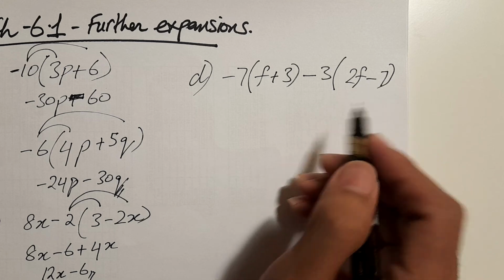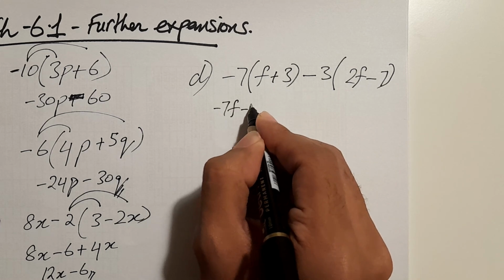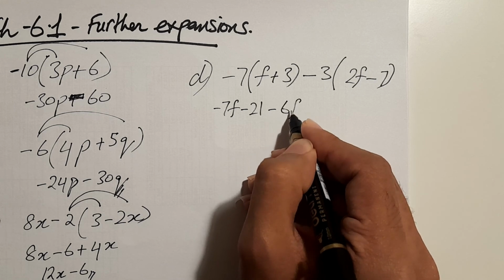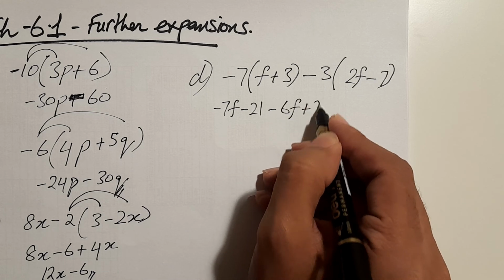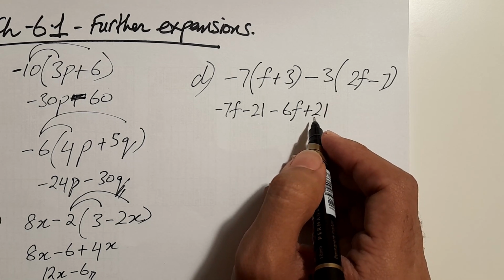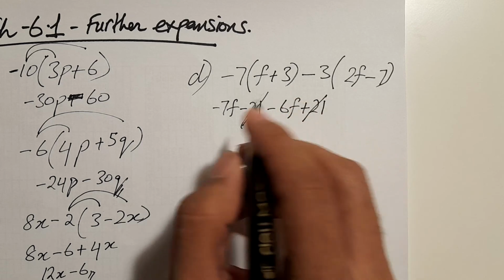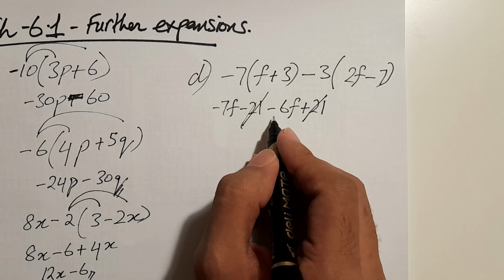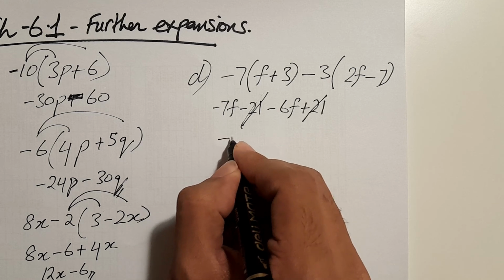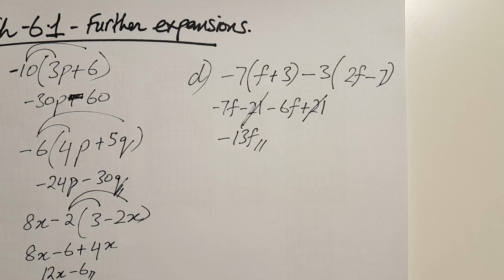So first we will expand this and write minus 7f minus 21 minus 6f plus 21. So minus 21 plus 21 will be cancelled, and minus 7f minus 6f will be minus 13f. So minus 13f will be the final answer.